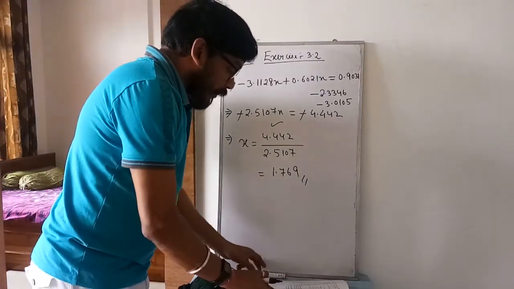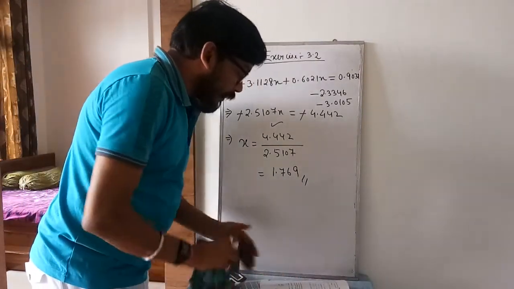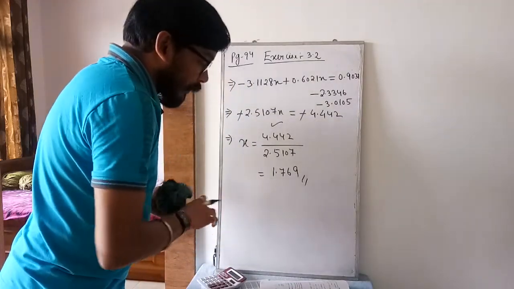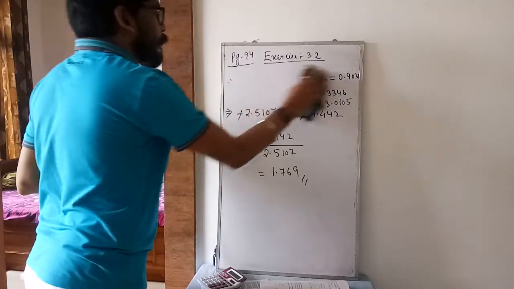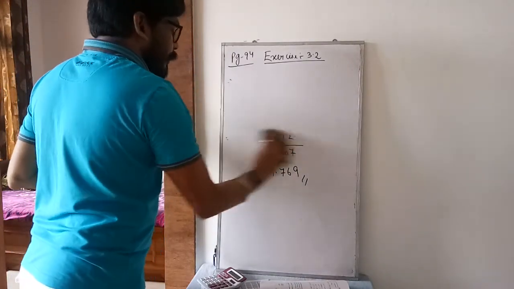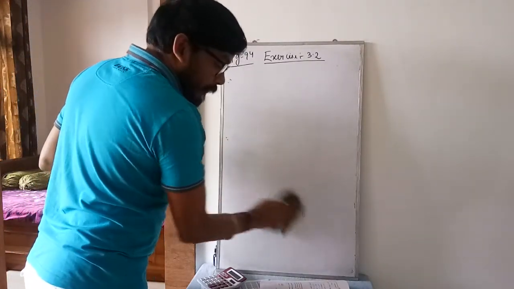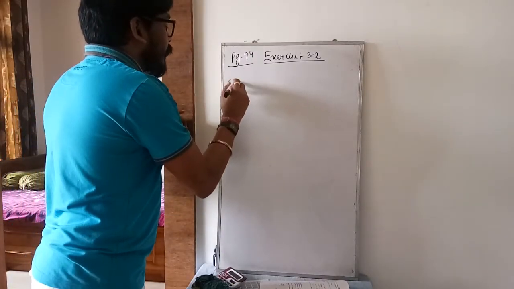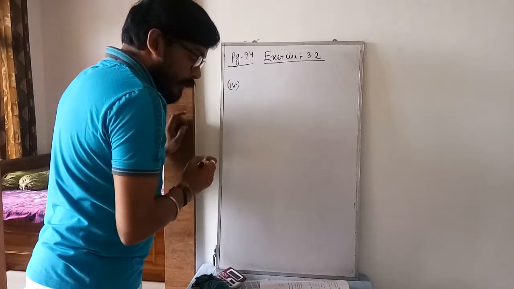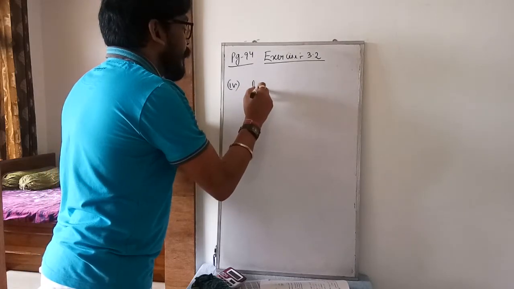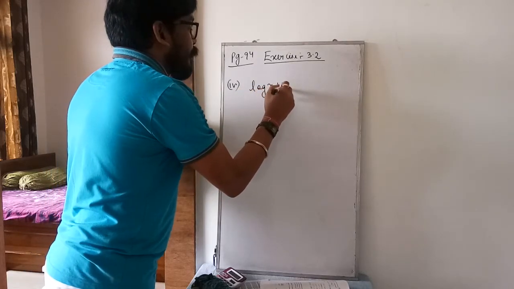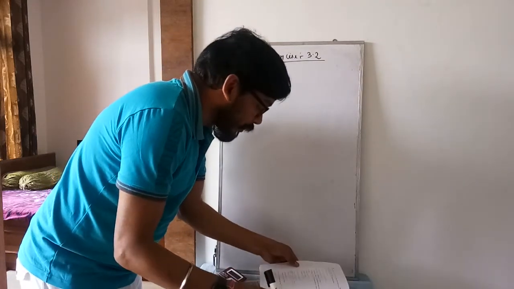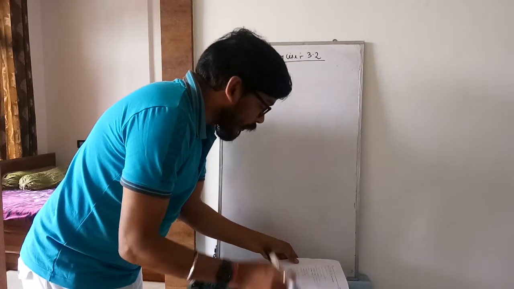Got it? Roman number 3 I will give as homework. I will go for Roman number 4 now. What did they say? Log of (x plus 1) equal to 2 log x. I think I have done this one in 3.1 also. Yes, it is done.